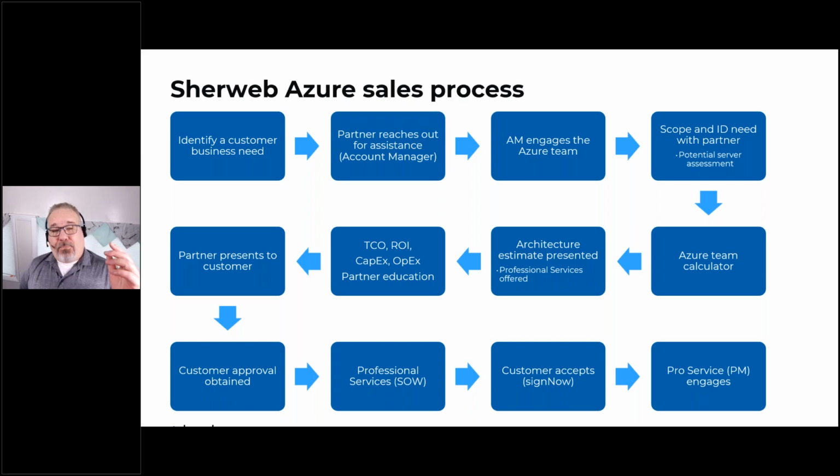So you get the scope and ID with the partner. Sometimes we'll do an assessment. So if you get a subscription for your customer and you log in, you go to the migration section, and then you get access to the Azure assessment tool. The Azure assessment tool is really cool.